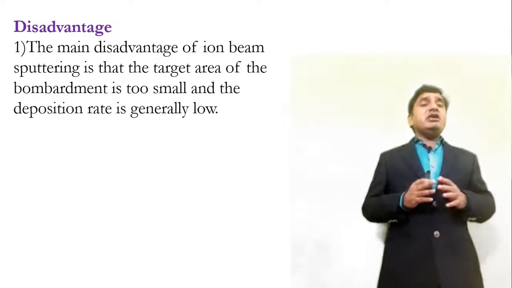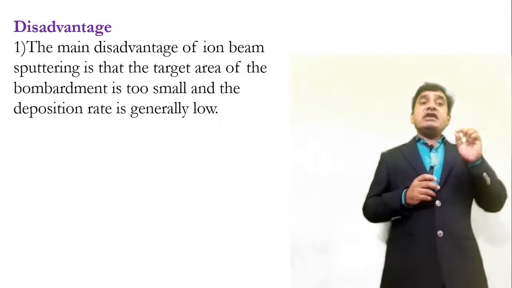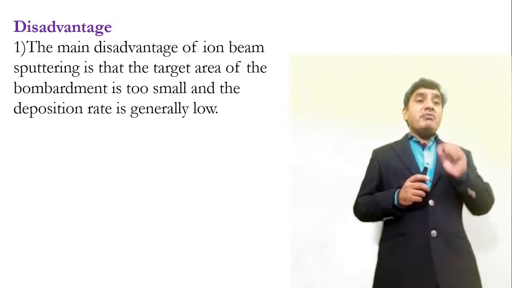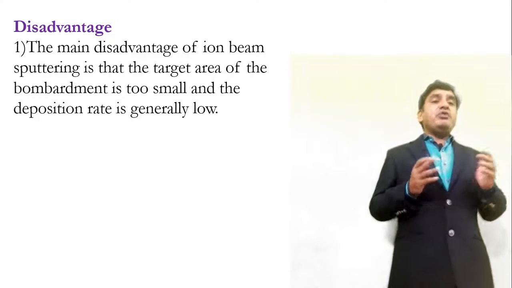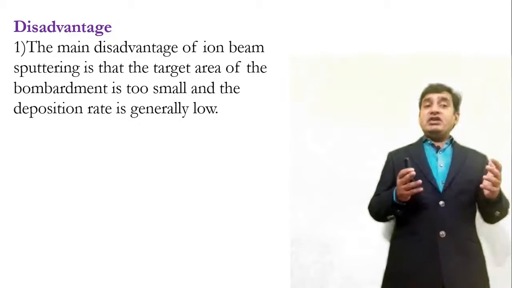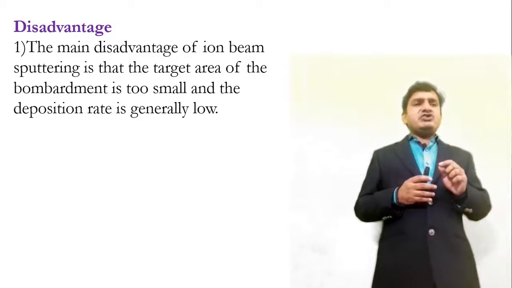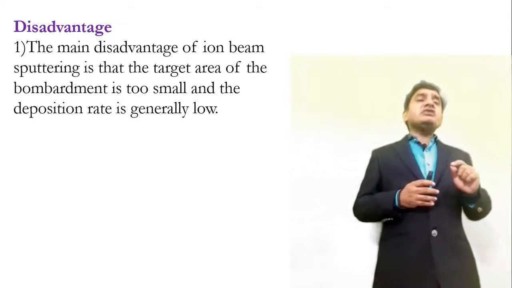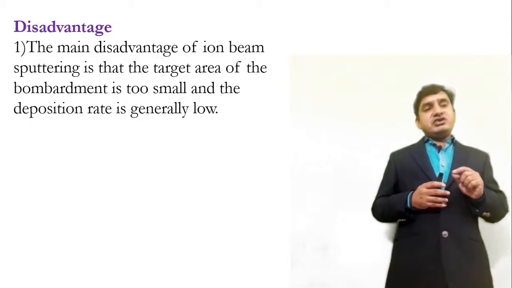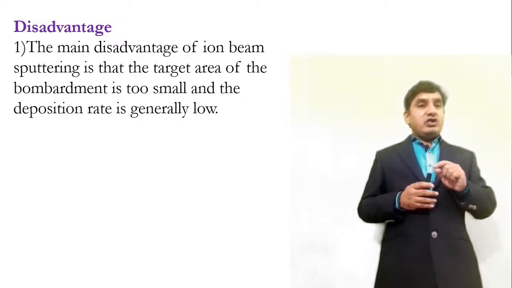The main disadvantage of ion beam sputtering is that the bombarded target area is too small and the deposition rate is generally low. In pulse laser deposition, the rate is very high, but in ion beam deposition, the deposition rate is very small.